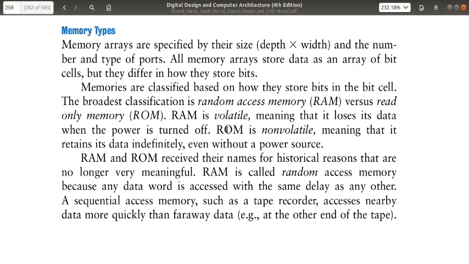So for starting things like bootstrapping, data should be there in the main memory, and for that we use ROM. Main memory as we use it today is a combination of both ROM and RAM.